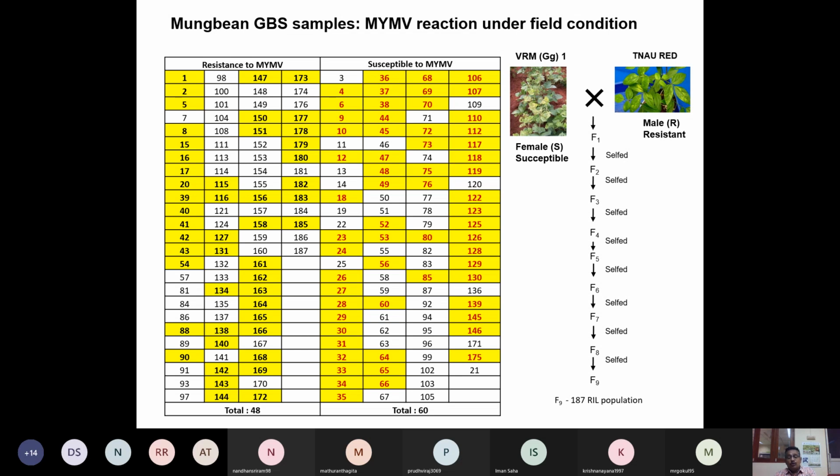So when you choose a population, even before going for genotyping, you should see whether the population fully represents the complete spectrum of variation with regard to the virus or the bruchid. In this case we checked the infection for all the RILs, and confirmed that both resistant and susceptible RILs are there in the whole population. That is very important when you have to analyze.